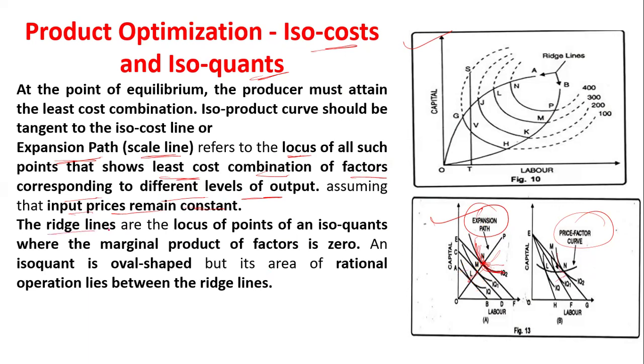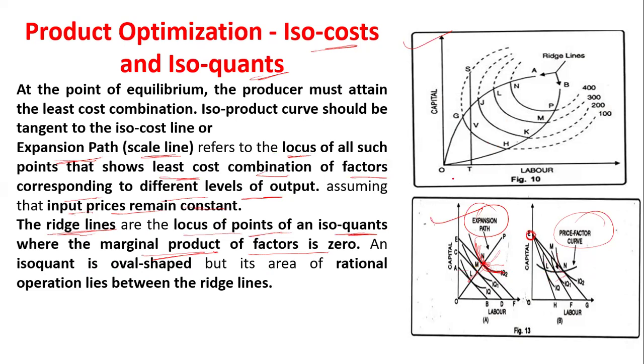The ridge line is the locus of points of the isoquants where the marginal product of a factor is 0. So here the marginal product is 0, and the isoquant is oval shaped like this.